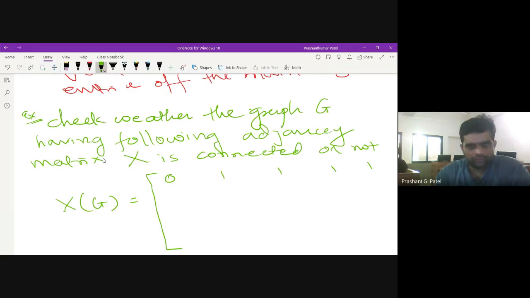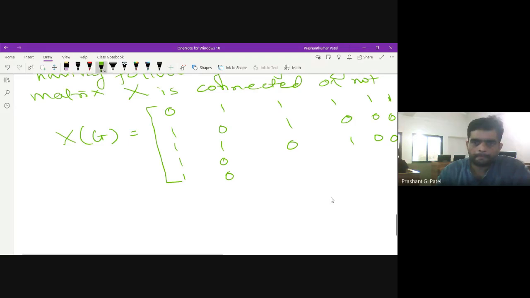It is 0 1 1 1, 1 0 1 0, 0 1 0. One more column is there, so there has to be one more row also.